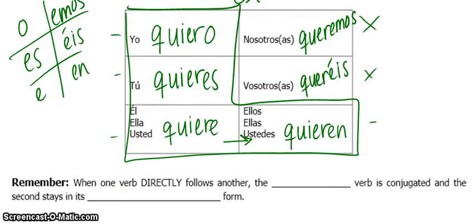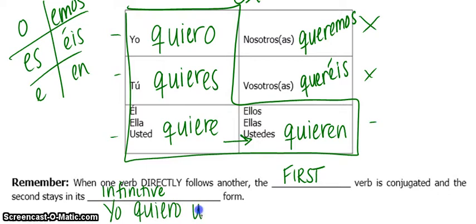One thing to keep in mind is that when one verb directly follows another, the first verb is conjugated, and the second stays in its infinitive form. For example, yo quiero una manzana. I want an apple.